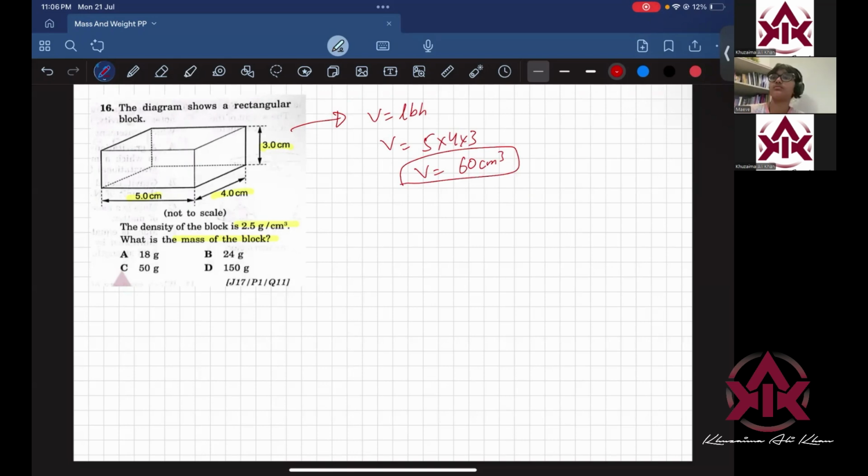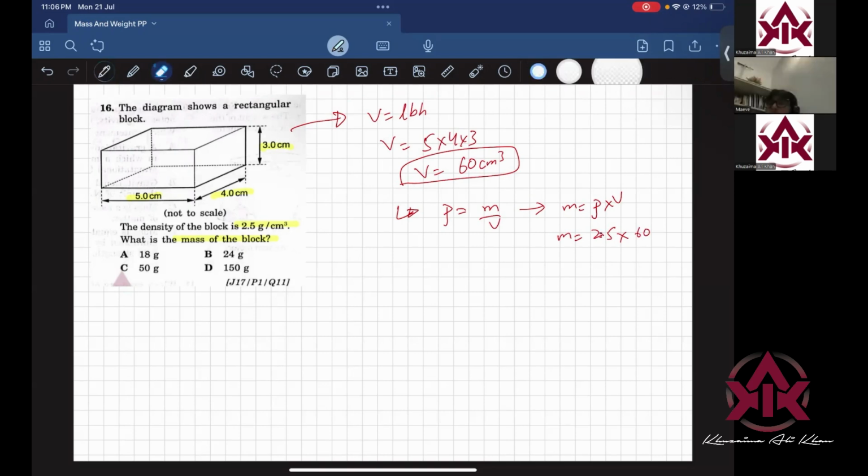You're given the density of the cube also, so you can find the mass from the formula that density is equal to mass upon volume. Therefore, the mass of the cube is going to be density times the volume. So the mass is going to be 2.5 gram per centimeter cube times 60 centimeter cube.